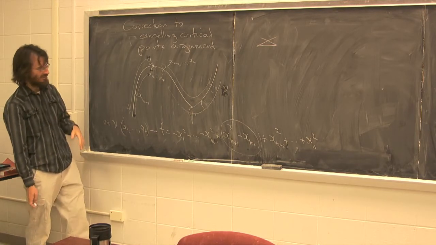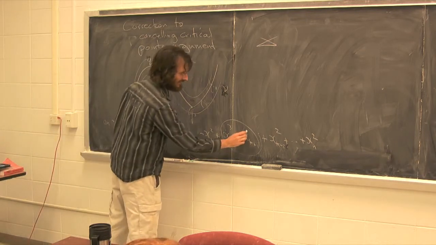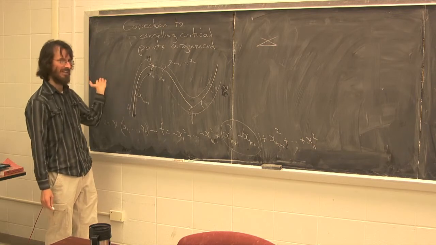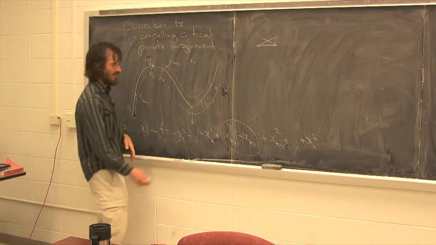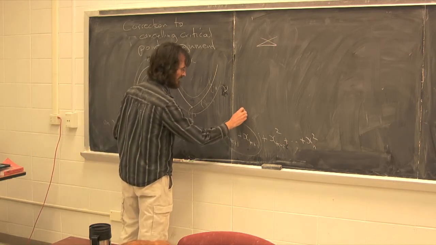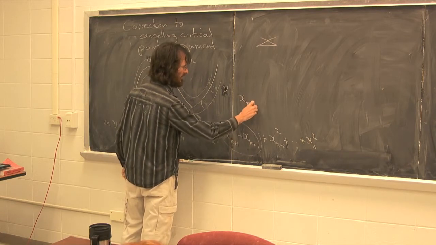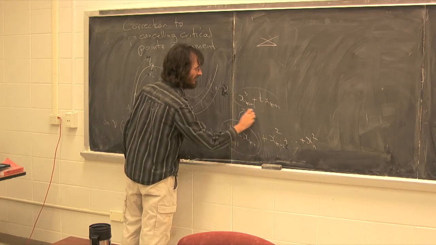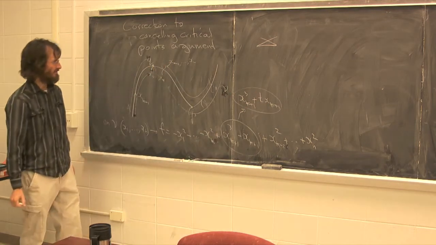But then I said, now just put a t here, or a minus t or something, so that as t varies from negative to positive, you cancel this. So I would replace this with x_{k+1} cubed plus t x_{k+1}. Now, there's a couple of problems with that.